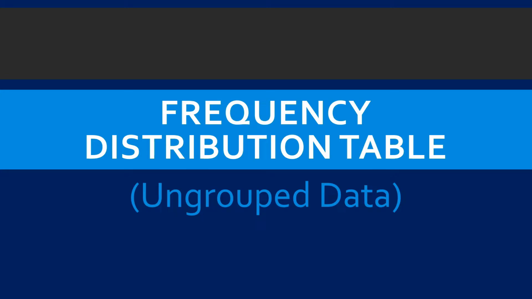Raw data will be organized and presented in a frequency distribution table so that the information from the data will make sense. And it is easier for us to understand. We can describe our data, we can make analysis and interpretations. Let's go. Let's learn how to make frequency distribution table.